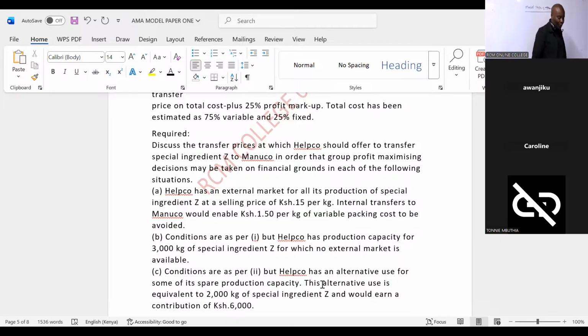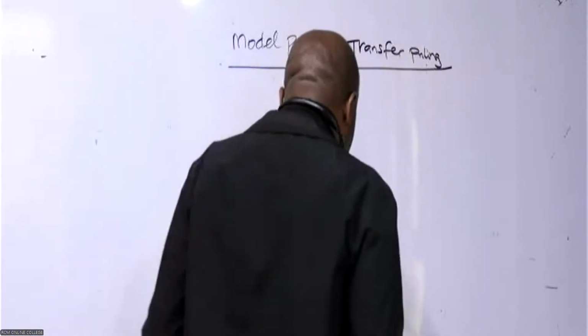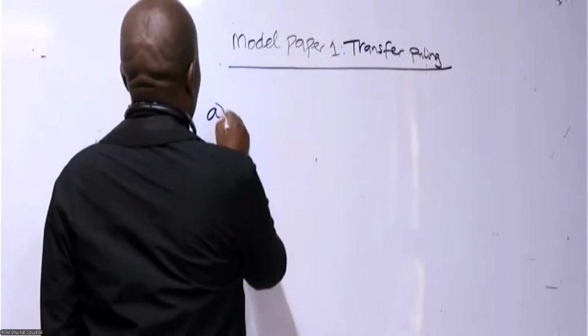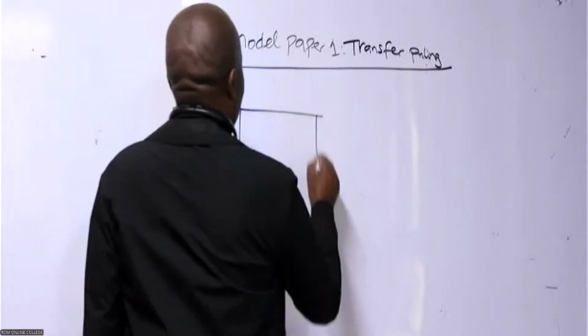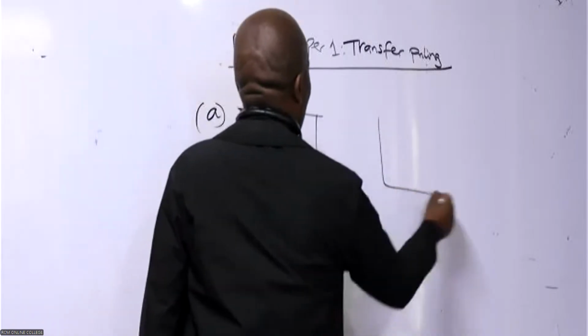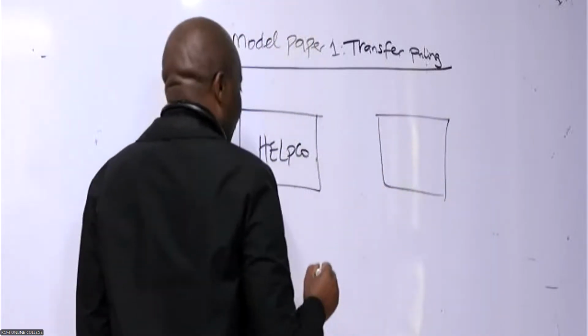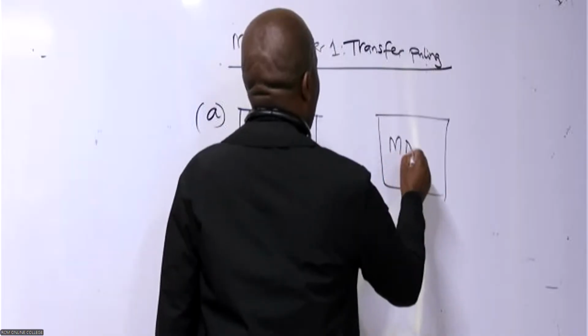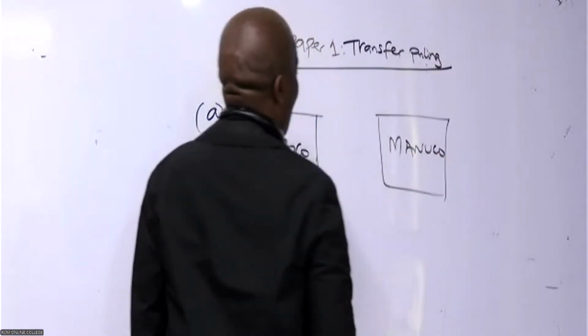So we start with scenario A. So scenario A, what do we have? We have an internal department called, in this case here, HelpCo, which is supposed to sell some ingredient Z to a company here known as Manuko.